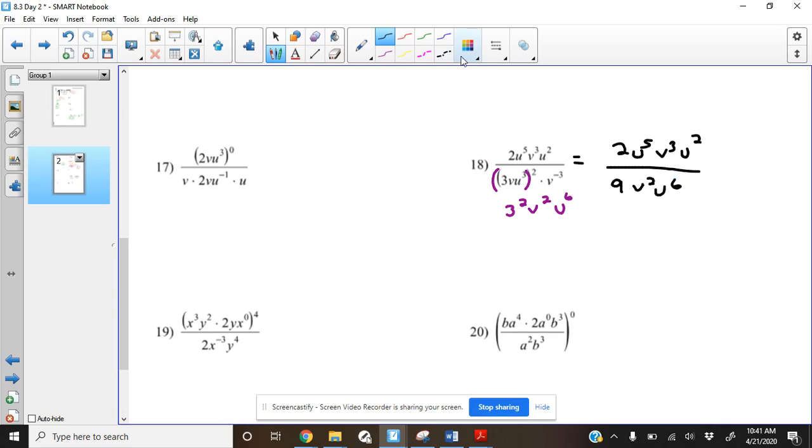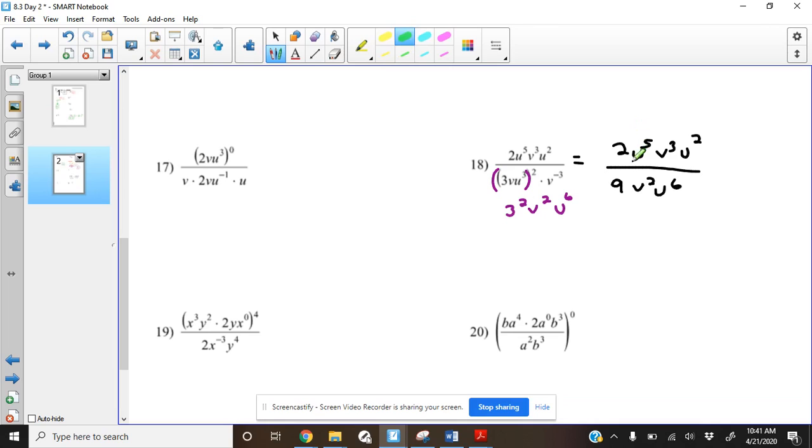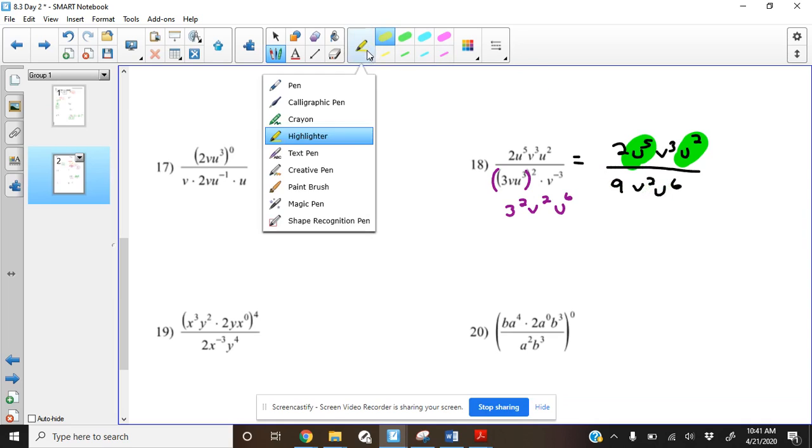And now let's go ahead and combine any like terms that we can. So in this numerator, we have u to the 5th and u squared. So we can merge those together, and there's nothing we can merge in the denominator yet.